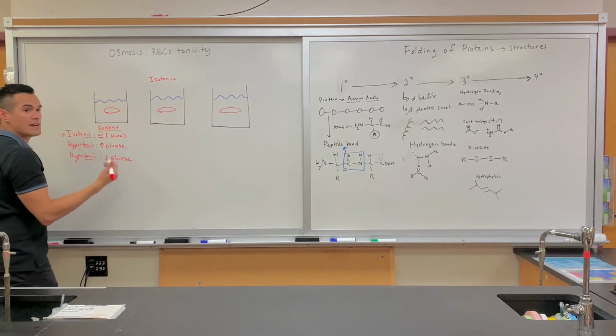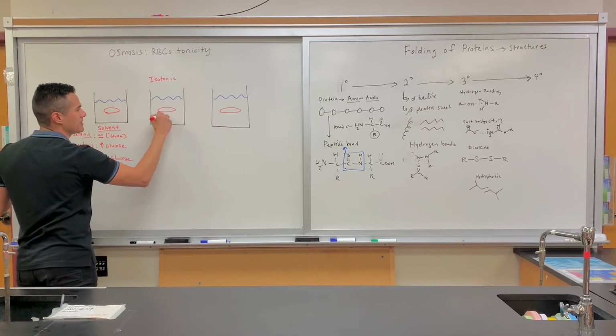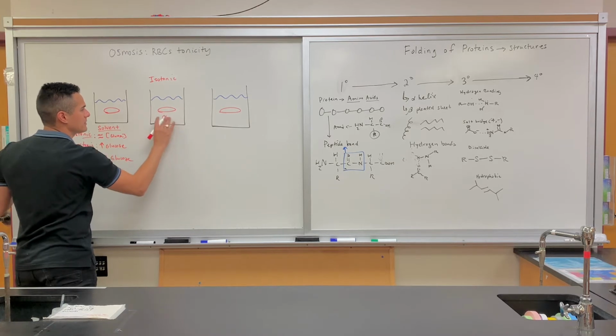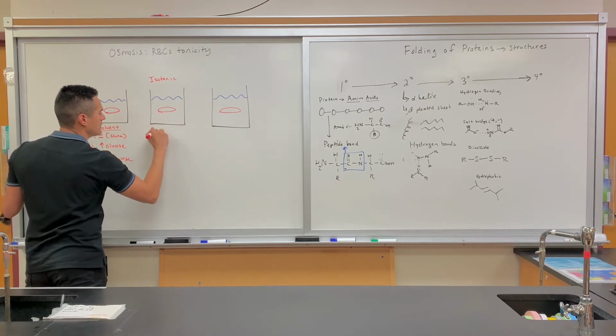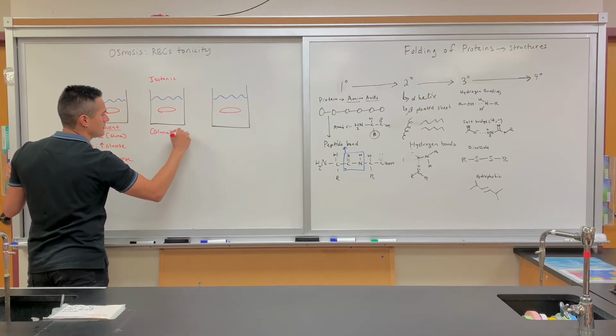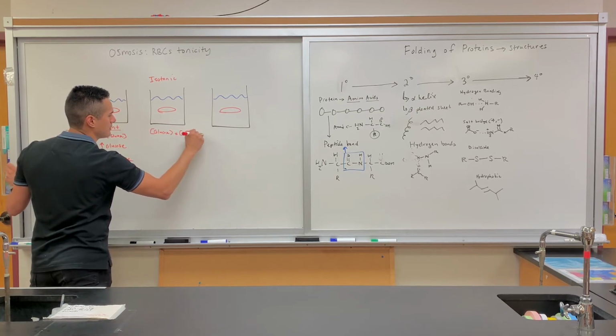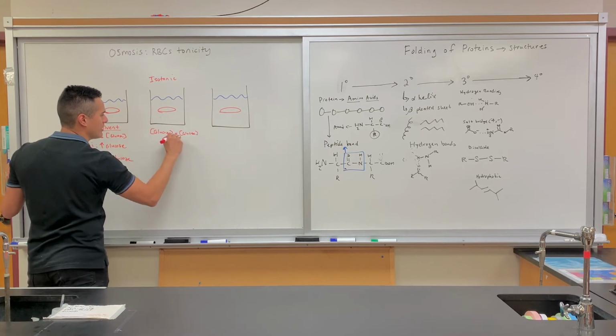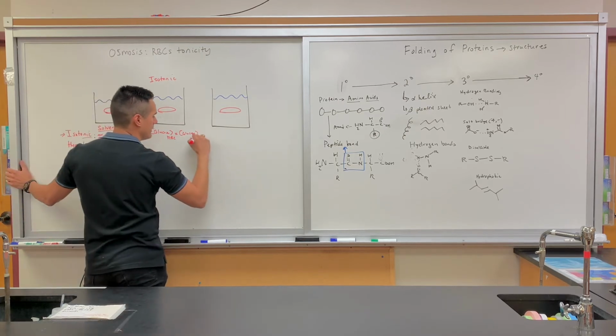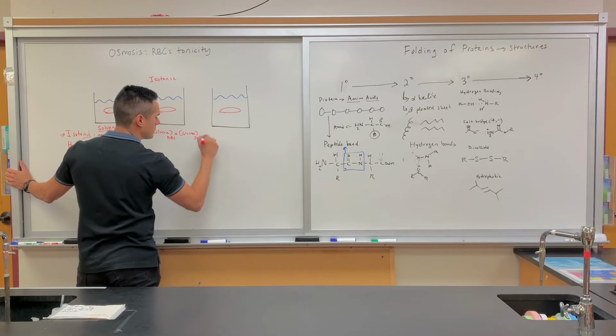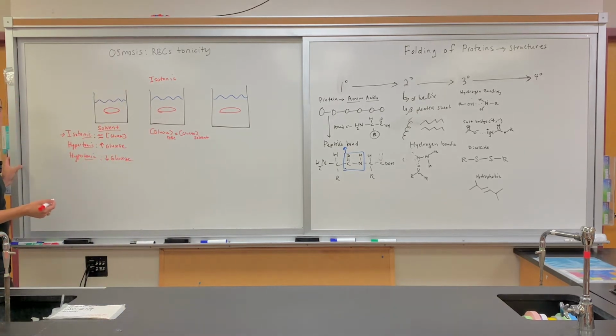When it's isotonic, there is an equal concentration of glucose. Let me write this down here. So there's an equal concentration of glucose in our red blood cell and then in our solvent. In this case, it'll be water.